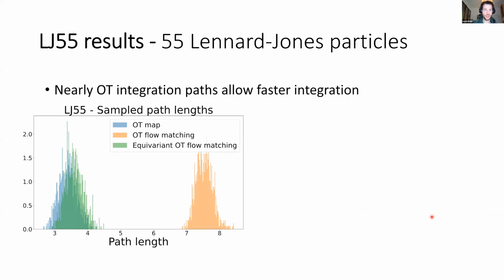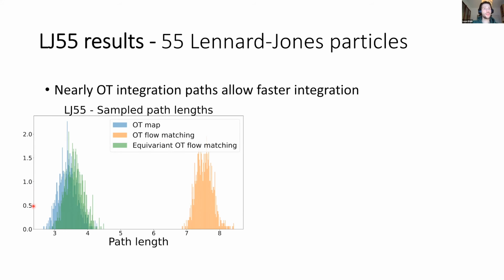And this also results in shorter integration paths, as we have just seen. So in green are the integration paths, simply the path lengths for all particles, for the Equivariant OT flow matching, and the orange one is for the normal optimal transport flow matching.